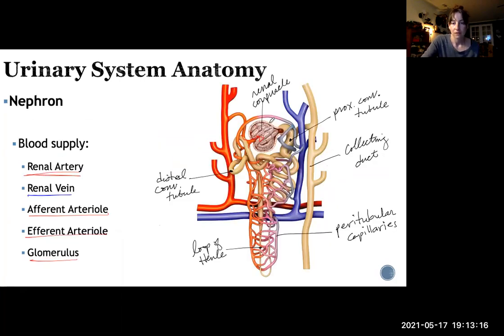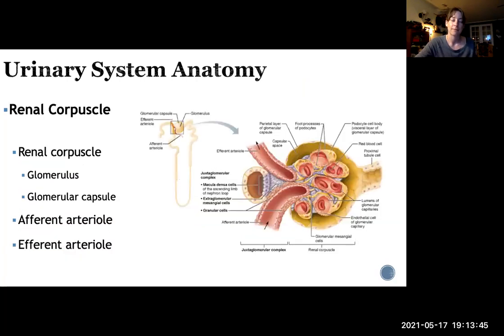So this is what a nephron really kind of looks like. And you'll notice here also the collecting duct has multiple branches. Each one of these goes to another nephron. So collecting ducts are shared by multiple nephrons. So technically collecting ducts aren't part of one nephron.